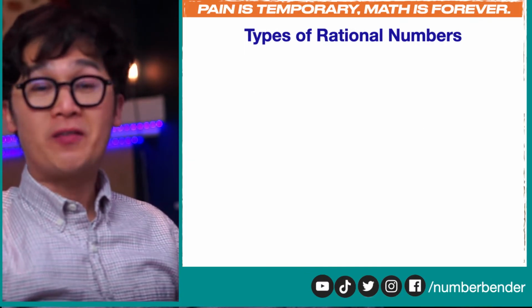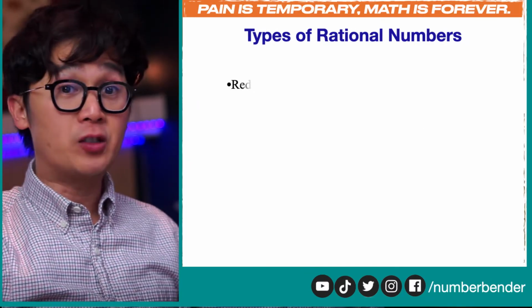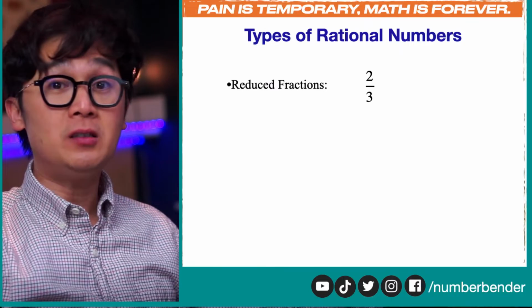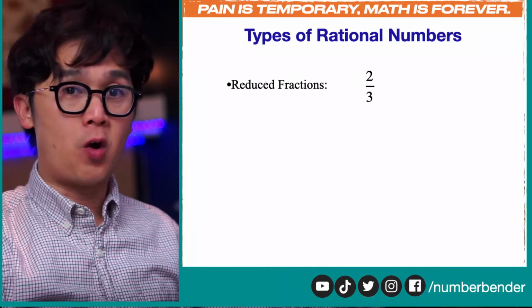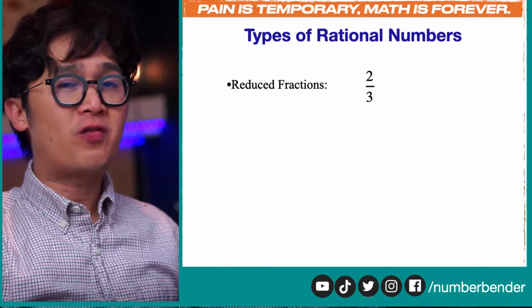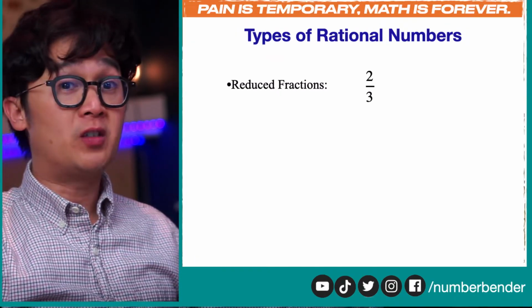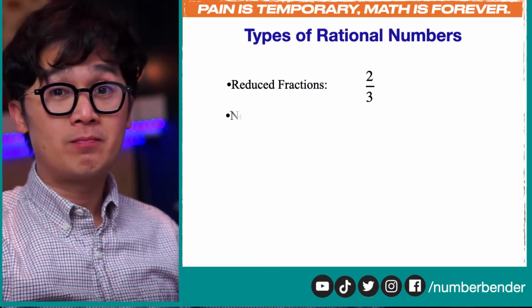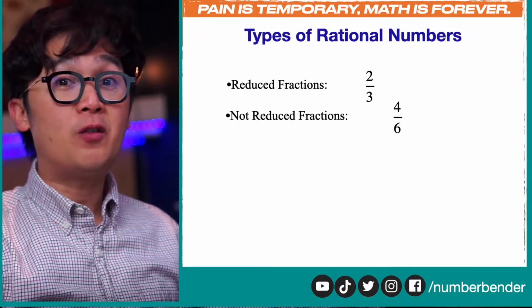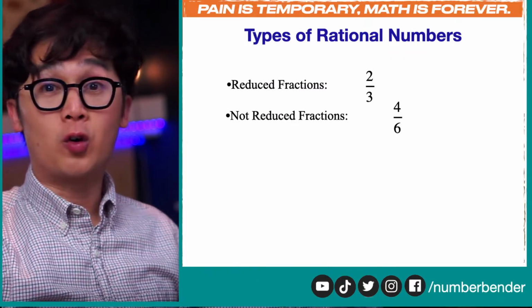So what are the types of rational numbers that we will encounter in algebra? We have reduced fractions, and reduced fractions are fractions in their simplest form, like 2 over 3 or 1 over 5 or 7 over 11. We also have not reduced fractions like 4 over 6.